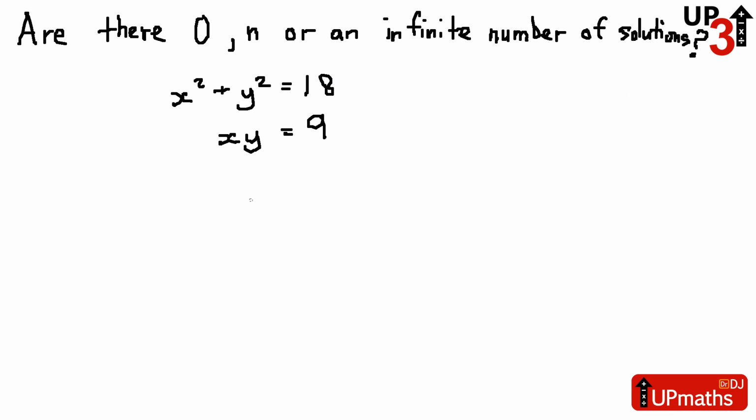Let's do one more. This is the last one. So I'm going to write that as x equals 9 over y, but I'm going to write it somewhere else so I've got more room.